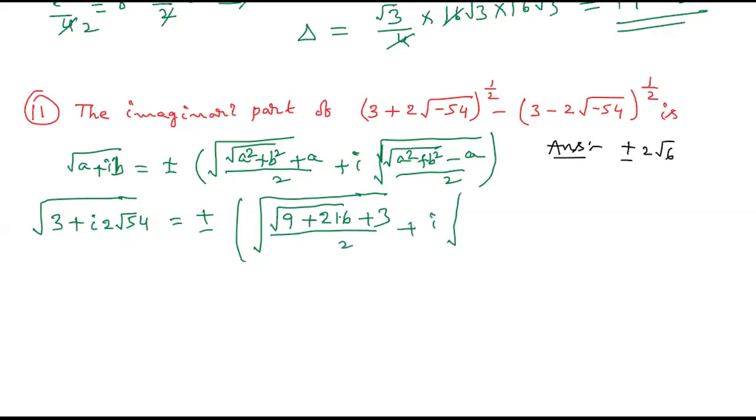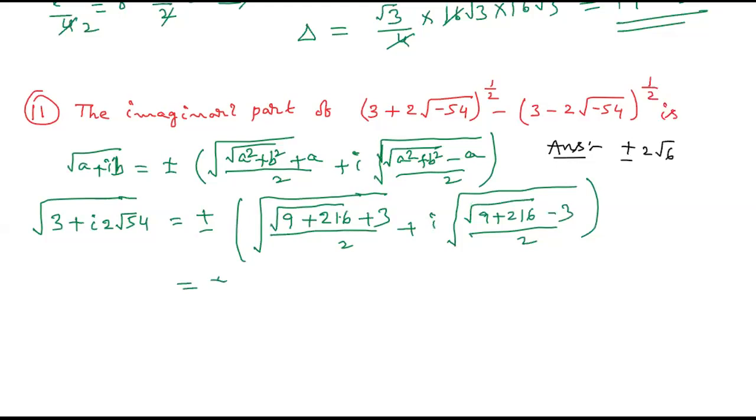The second one is also the same, but with a small difference. This is 9 plus 216 minus 3, divided by 2. Now 9 plus 216 is 225. Under root 225 we get 15. 15 plus 3 is 18, 18 by 2 is 9.